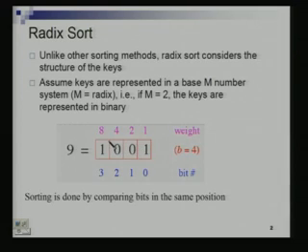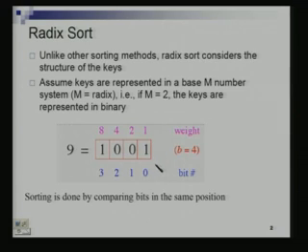In radix sorting, the sorting is done by comparing bits in the same position. So, instead of comparing 9 with 11, we are just going to compare the bits in 9 and 11, let us say the bit at position 3.